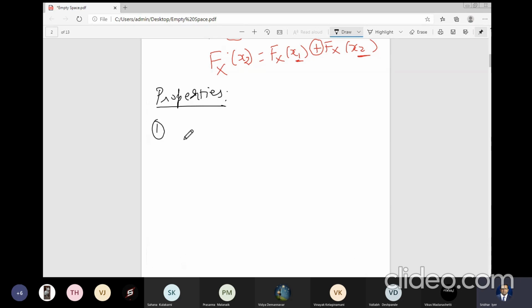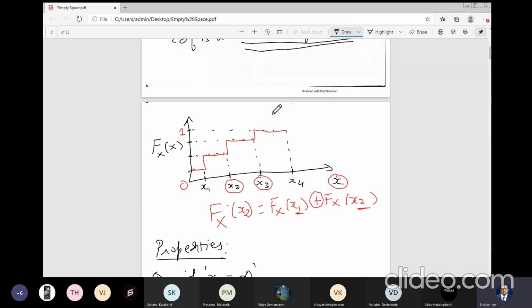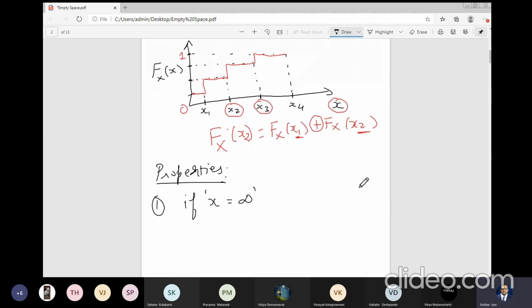Okay. So the first property of CDF is, if x is infinity, that is small x is infinity. So in this graph, if this x becomes infinity, then FX of x will become FX of infinity.